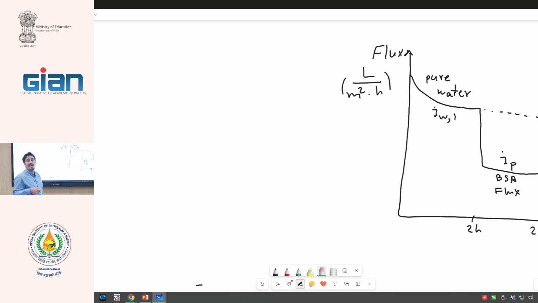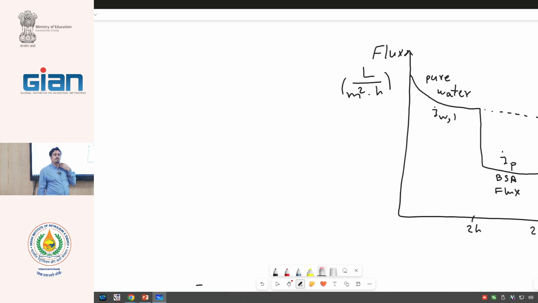Due to the compaction. When we apply pressure, the membrane begins to compact. For reducing the compaction effect, before this point, we usually test the membrane with pure water at a higher pressure.